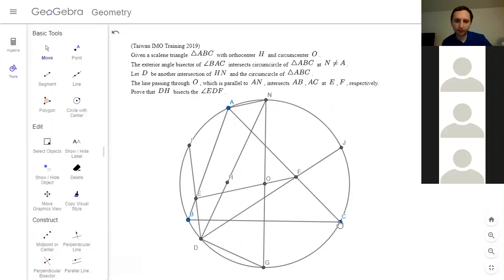Maybe we could try Pascal's. So BDC and IAJ. Okay. So IC and BJ have to concur on EF by Pascal's, right?